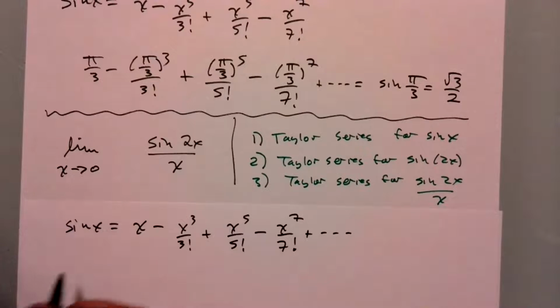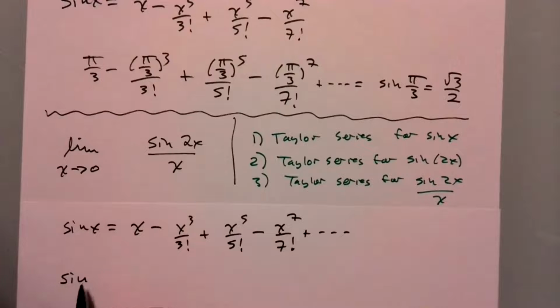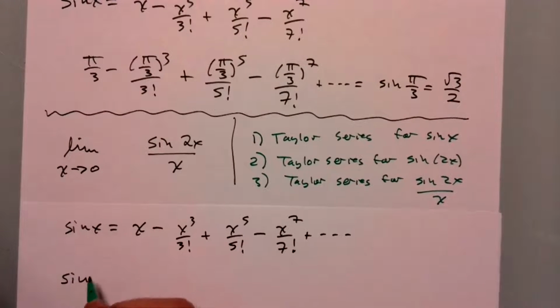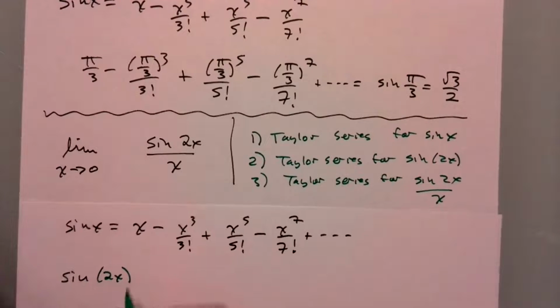We want to have sine of 2x. So wherever I see x, I'm going to replace it with 2x in parentheses. And we'll see what that's going to look like.